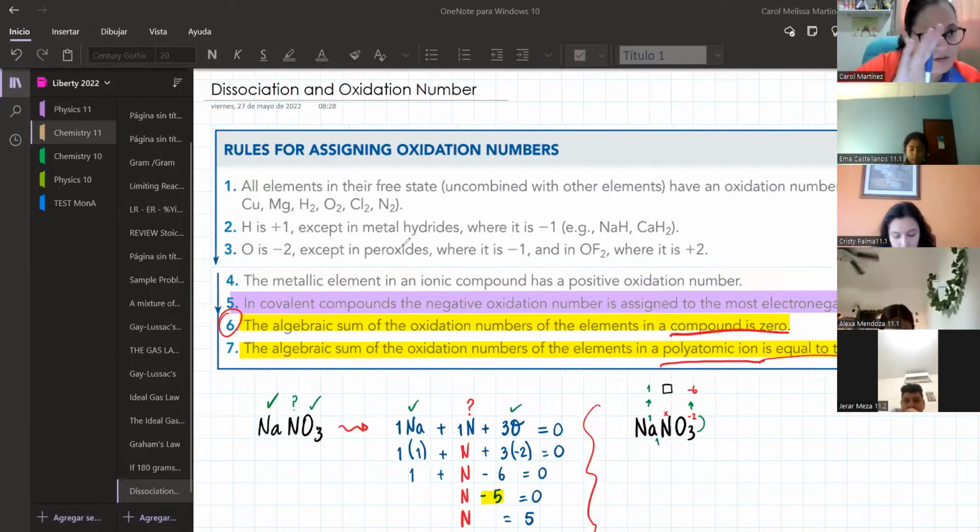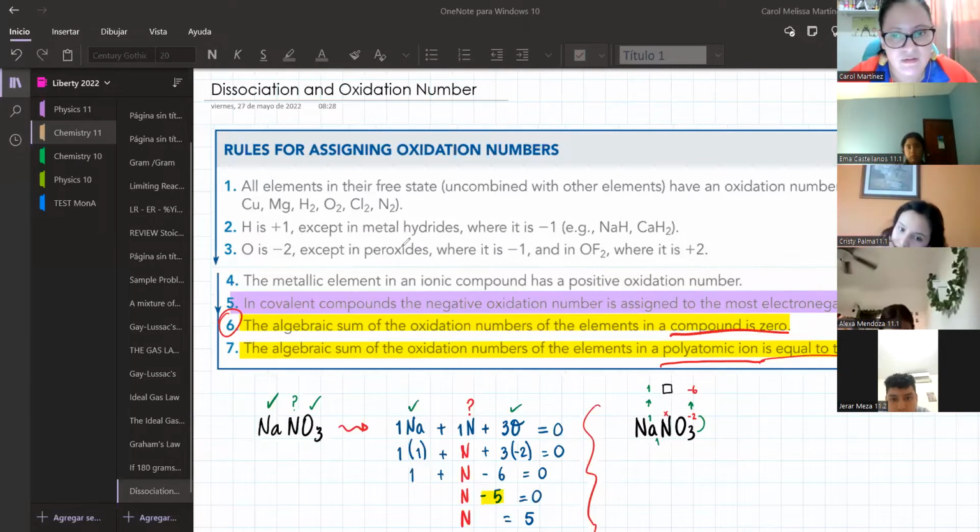Because I need to have +6 on the positive side and -6 on the negative side. The negative side is going to be my oxygen in this case. What number do I need here for it to be balanced? To what number do I need to add 1 in order to get 6?